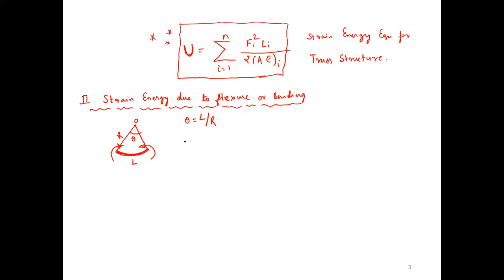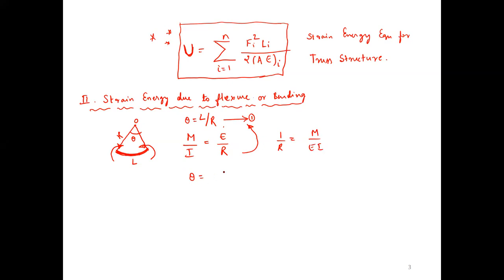So what is the bending equation? Take it as equation 1. What is the bending equation? M by I equals E by R. Very good. Now what is 1 over R? If you take theta for this equation and substitute here, in the place of 1 over R we can substitute M by EI.